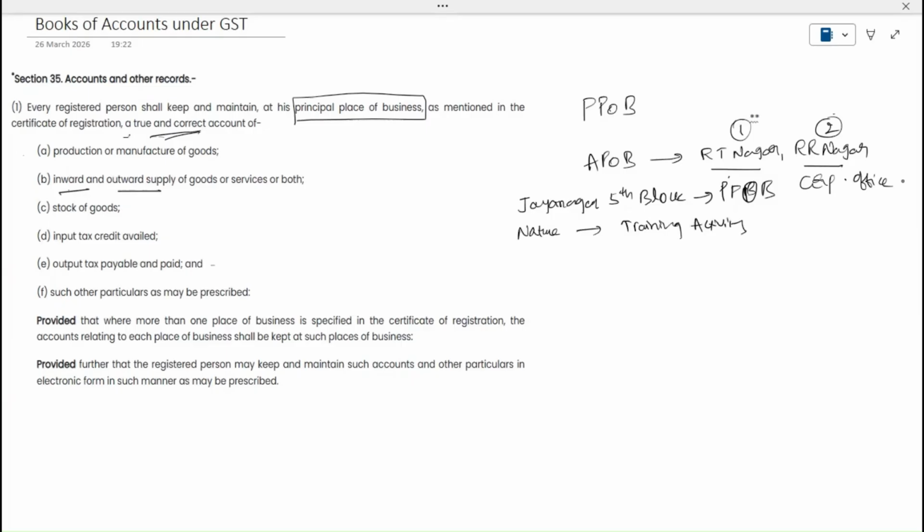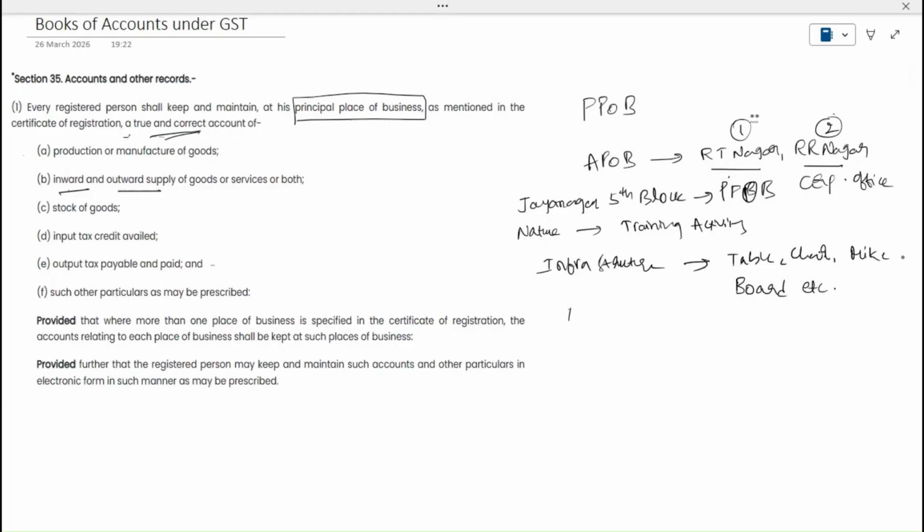So what is required for this training activity? I need infrastructure. That means I need tables, chairs, mic, electronic gadgets, the board, smart board, etc. These are the things which are required.